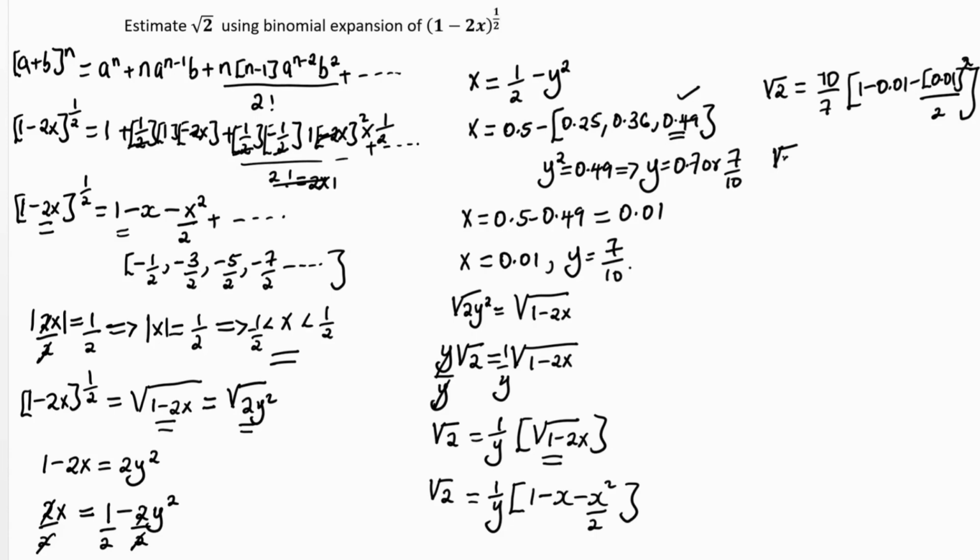So we can simplify what is in the brackets. Therefore, we can write root of 2 is the same as 10 over 7 into 0.98995. We can simplify this further using our calculator. Root of 2 therefore is equivalent to 1.41 to 2 decimal places.